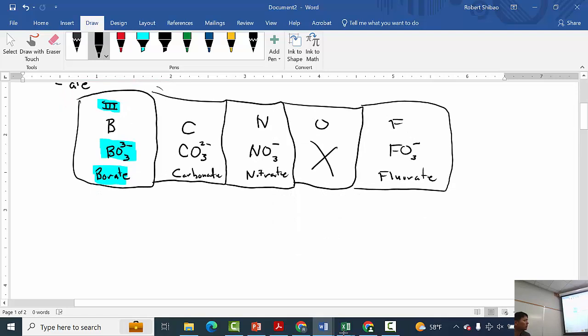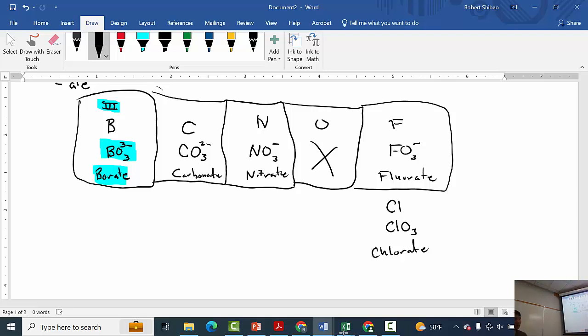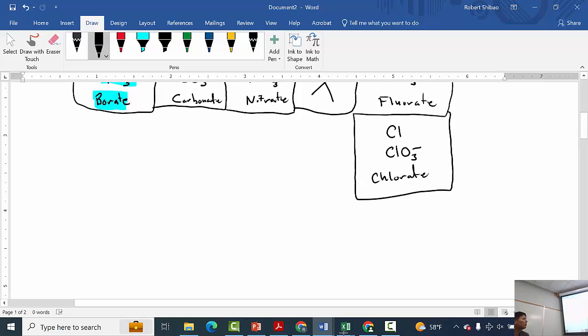Now, what we're going to do is start working down. You know what's below fluorine? Chlorine. And so we want to figure out, what is chlorate? What would you guess the number of oxygens on chlorate to be? It turns out, yes, 3 is correct. And what about the charge? Yeah, it's bottomed out. The charge is bottomed out at -1. So that's chlorate. And then below chlorine is Br. Br stands for bromine.